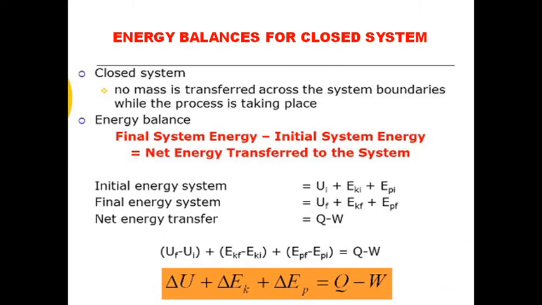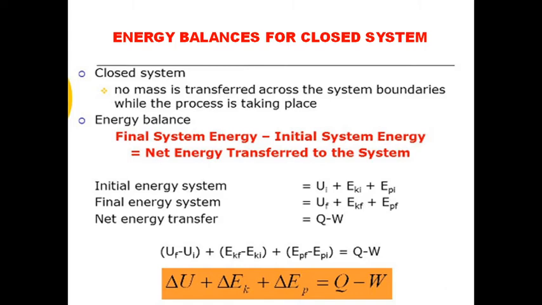Energy balances for closed system. Closed system means no mass is transferred across the system boundary while the process is taking place. What is the energy balance? Final system energy minus initial system energy is equal to net energy transfer to the system.